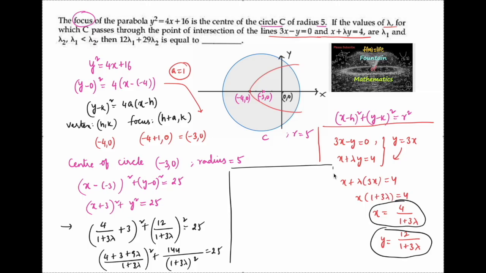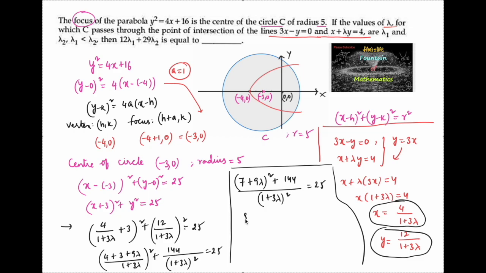And simplifying, so you'll get (7 plus 9 lambda) whole square plus 144 divided by (1 plus 3 lambda) whole square is equal to 25.